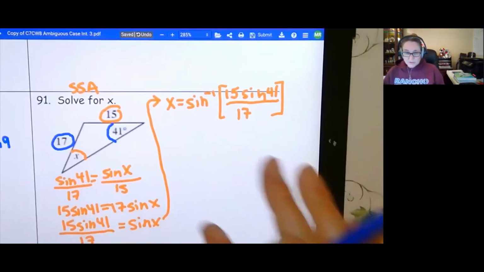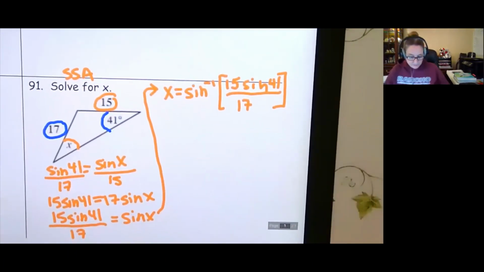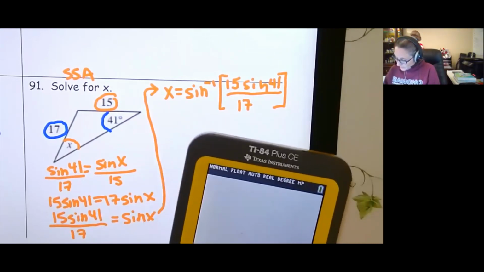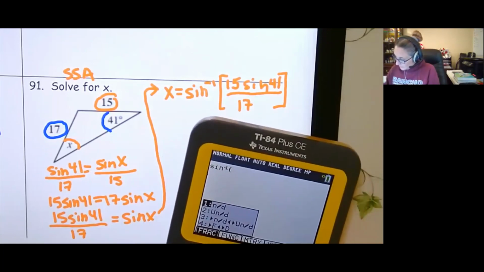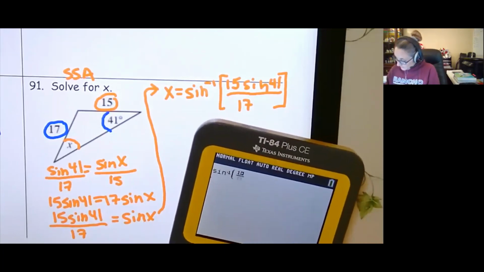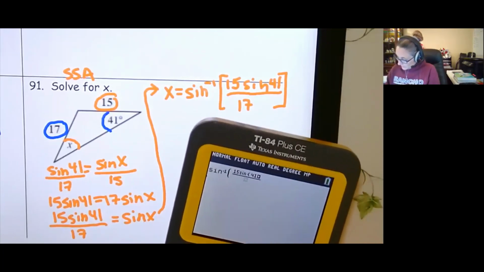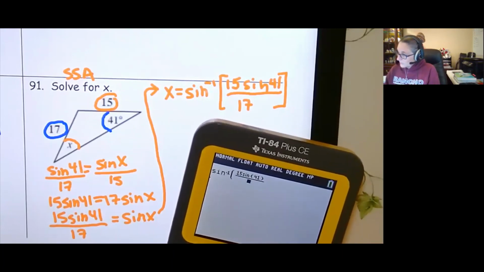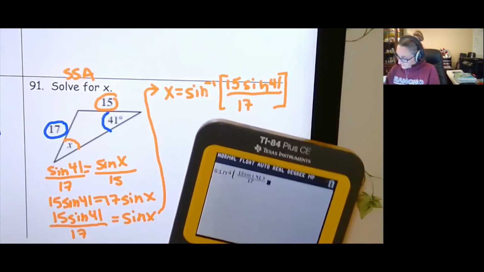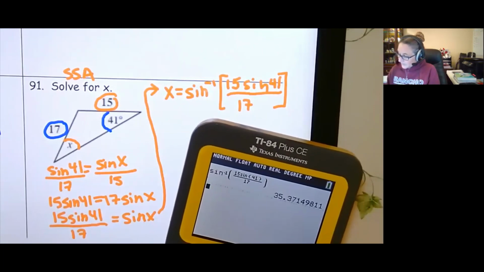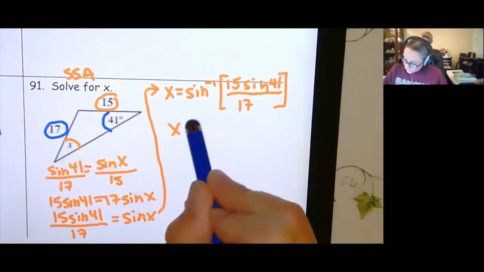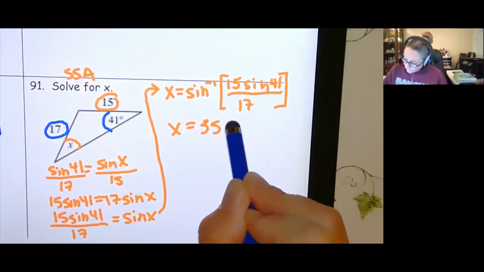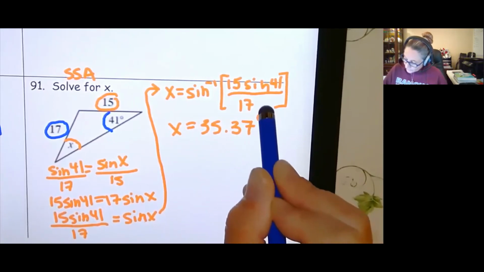Just make sure we can see that. Okay, so when I put this in my calculator, sine inverse alpha y equal 15 sine 41 over 17, I end up with 35.37. So x is 35.37 degrees.